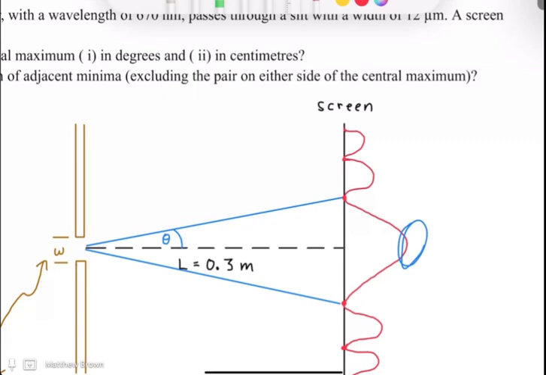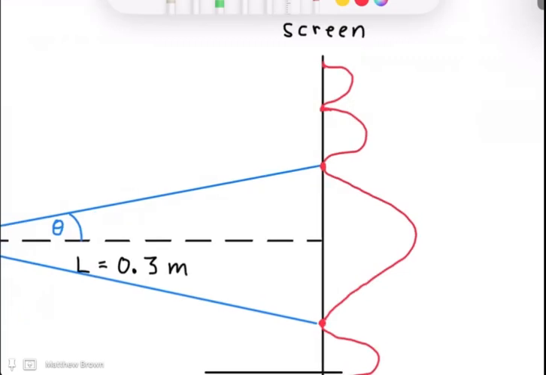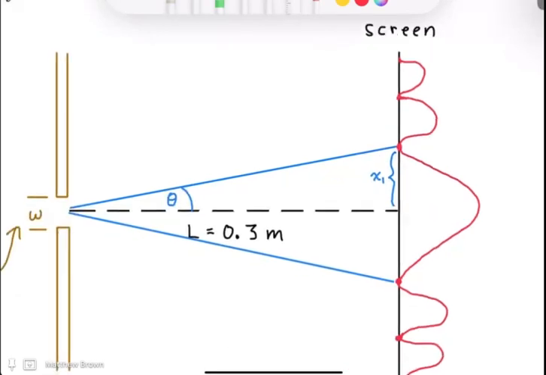So we've got this brightest spot here right in the middle, and then we've got this distance here, which we'll call x1, and we've got that on both sides. So really the central one is twice as wide. So what I was going to do here is just figure out this angle theta, which is from the center line to the first minima, and then I'll just double it because I know it's going to open in both directions.